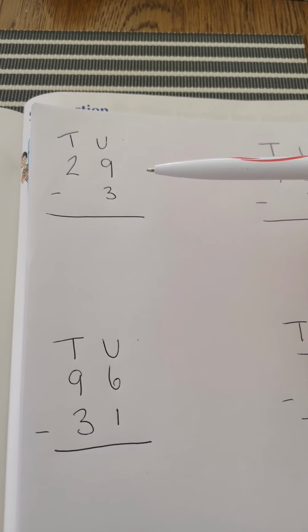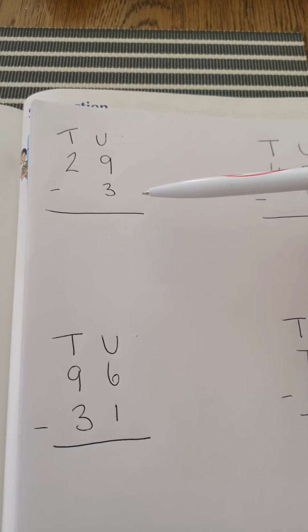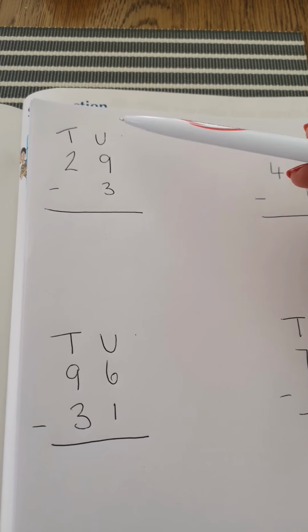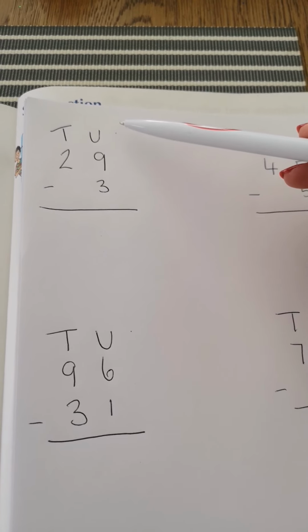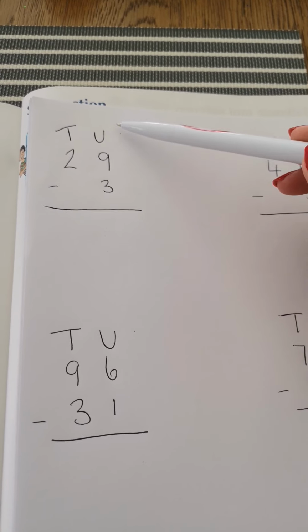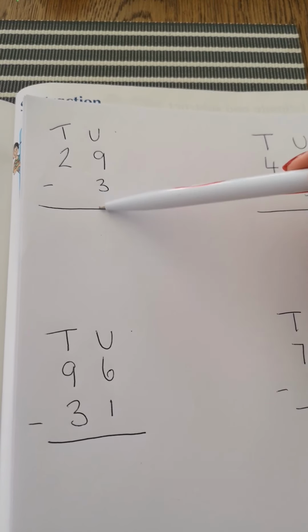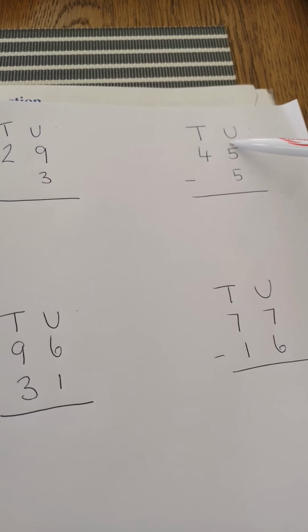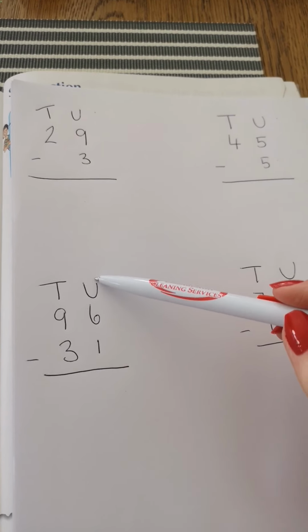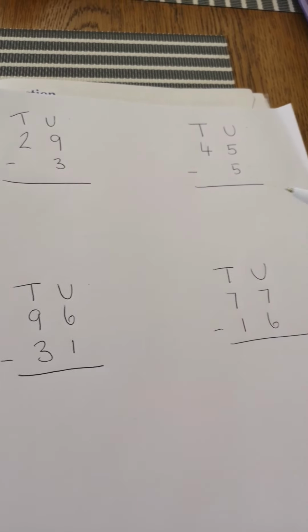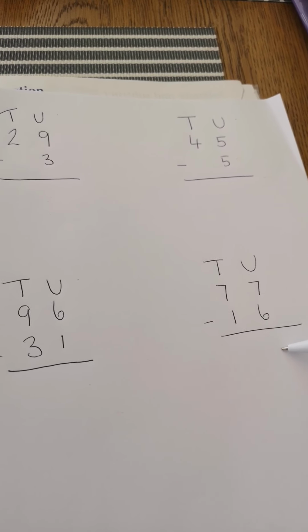So the rule is the exact same when we are doing taking with tens and units. We're going to have to take the units column first. So in this sum, we're doing the units column first, and in this sum, the units column first, here as well, and here as well.